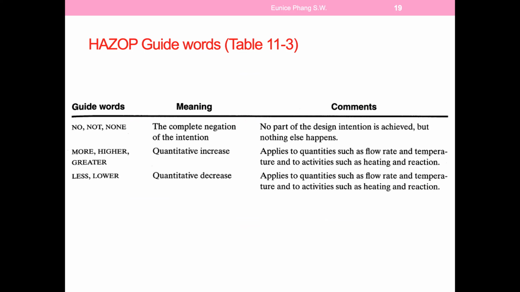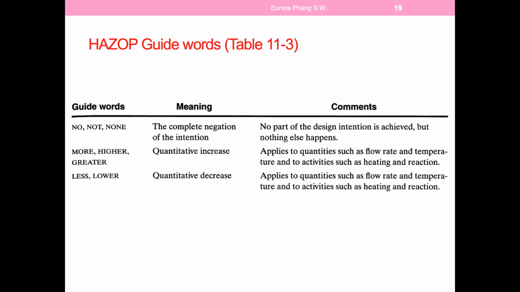For example, when we say I want to check the flow rate of this pipe as part of your HAZOP analysis, the first guide word we use is no. No means no flow rate. The next questions we ask are: what could go wrong with this?